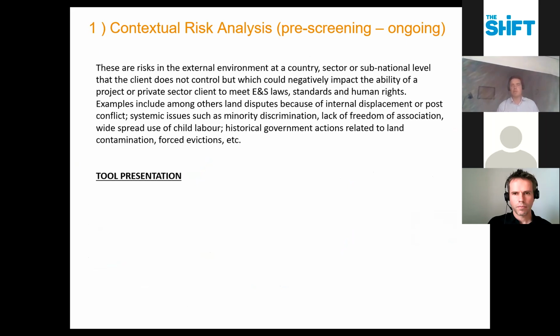So we would think, for example, of the country's rule of law or level of corruption, which will affect the capacity of the environmental authorities or labor authorities, for example, to make sure that the laws are indeed followed. We will look at any land disputes or conflict areas. So anything that could affect the project's capacity to fulfill its environmental and social obligations.